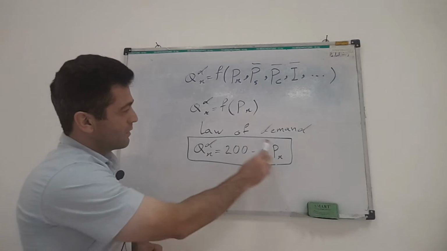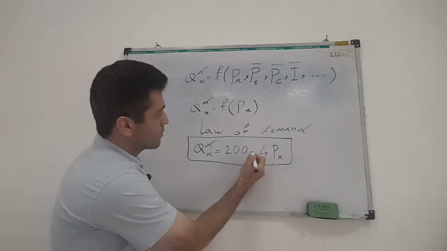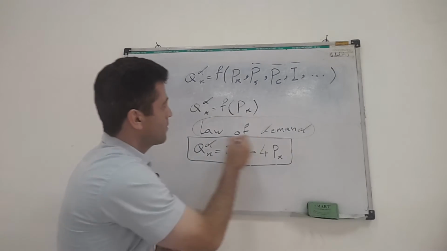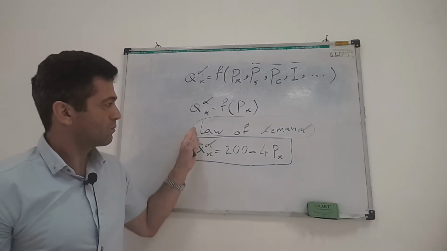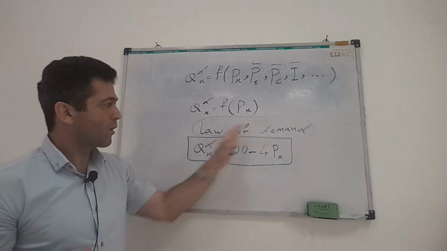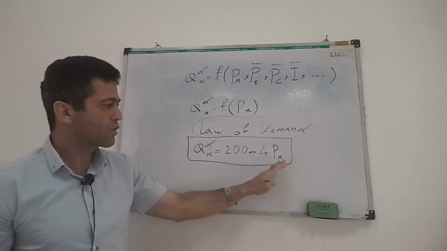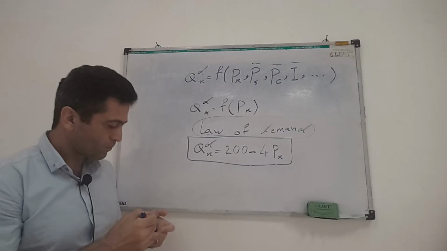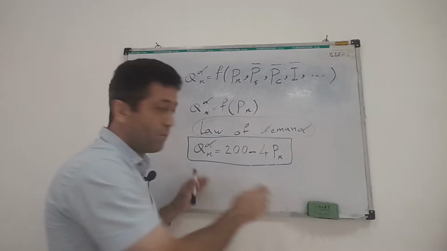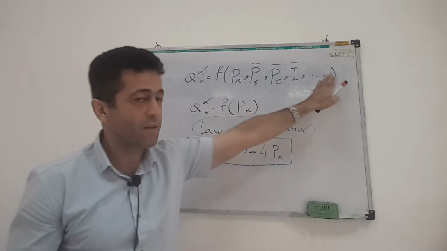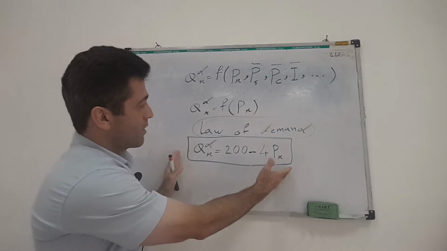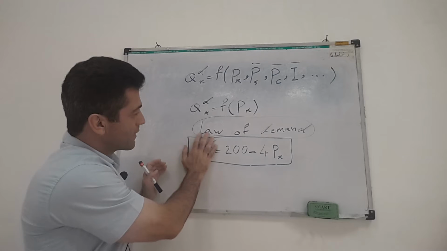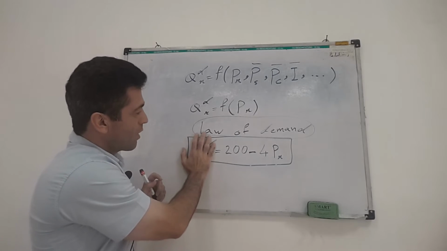In fact, this negative relationship is the law of demand, because the law of demand shows the negative relationship between the price of a good and the quantity demanded. Okay, by holding other factors constant. In this relationship I consider other factors that affect demand to be constant.